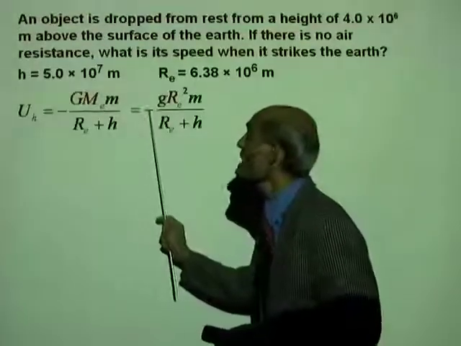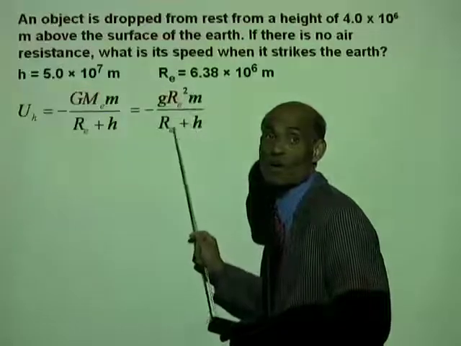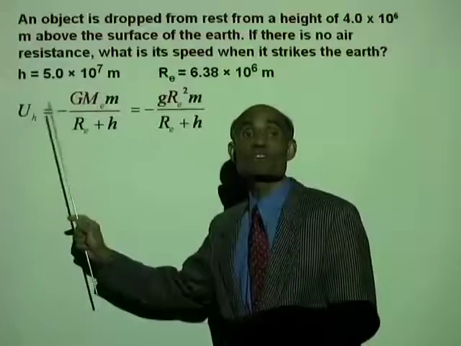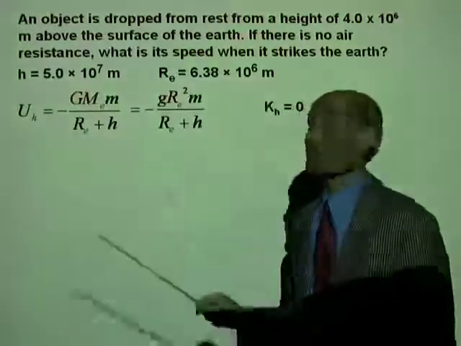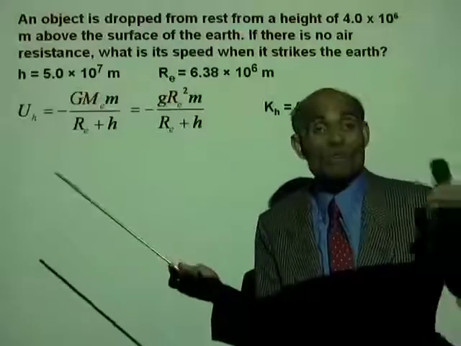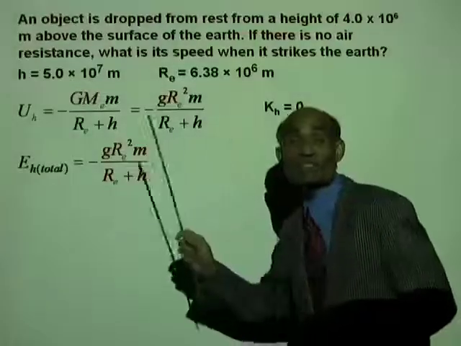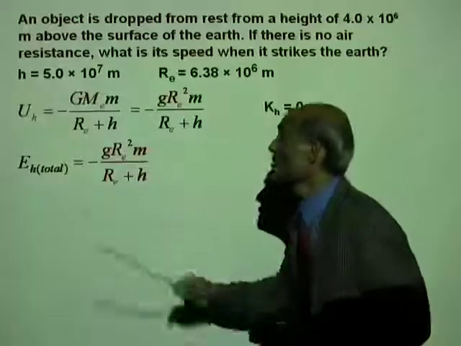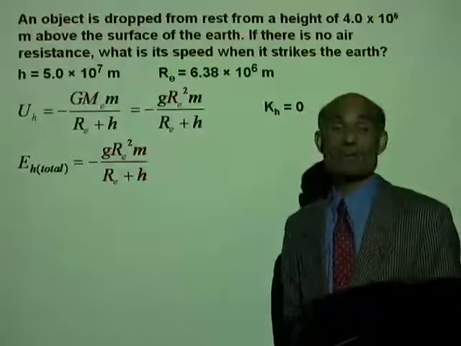So that will be negative small g R_E squared m over R_E plus h. This is the potential energy of the object at the height h. What is its kinetic energy at that height? It is 0. We are dropping it from there. Therefore, total energy at that height is simply this value, negative g R_E squared m over R_E plus h.